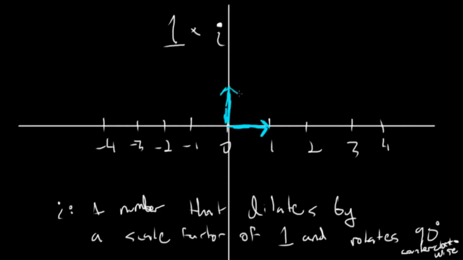That is what the number i does. So on this complex number line, what is 1 times i? Well, 1 times anything is that thing, so 1 times i is i. We're going to put i right here on this complex number line.